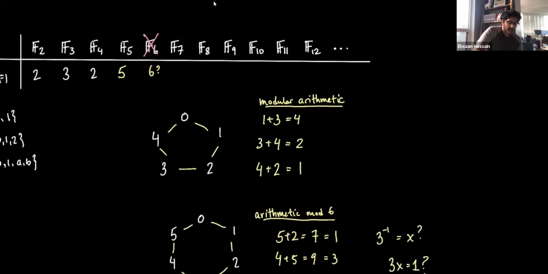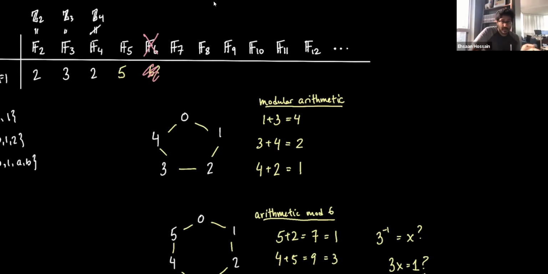So this is a subtle point. F2 is just clock arithmetic mod 2. F3 is arithmetic mod 3. F4 is not the same thing as arithmetic mod 4. F4 is something else.